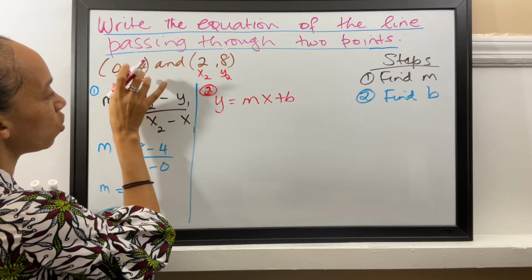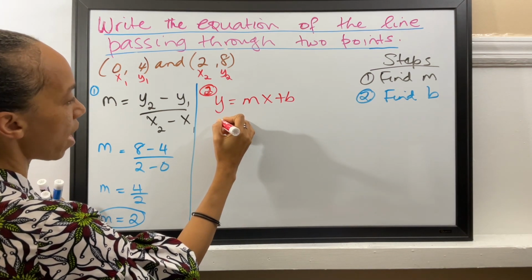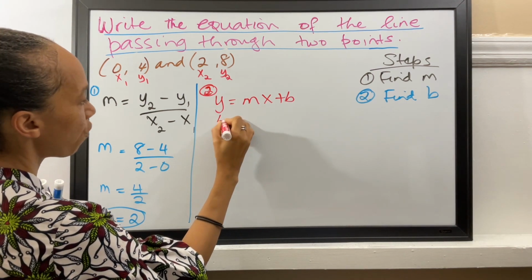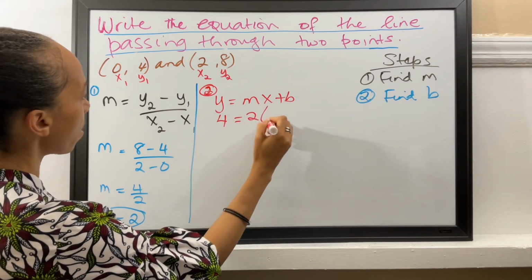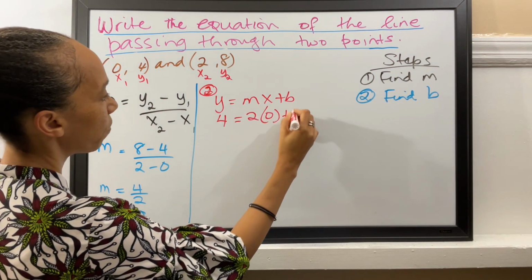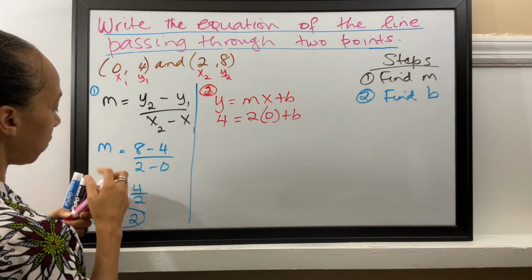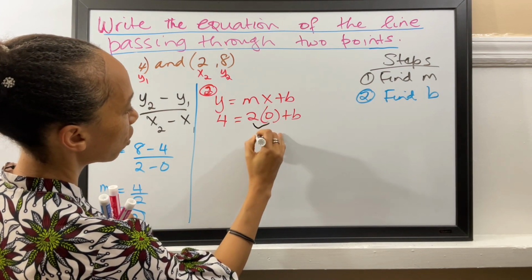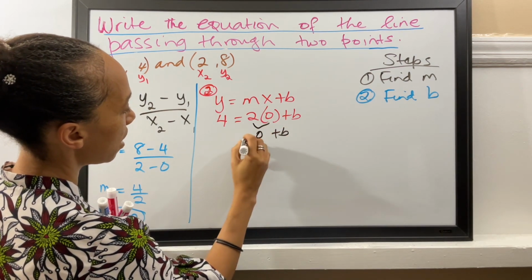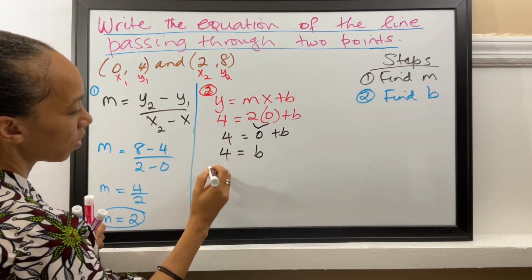So I'm going to use this first one, and my coordinates are 0 and 4. So my y is 4, and my slope is 2 from down there, and my x is 0, plus b. Then I need to multiply these out. So this is going to be 0 plus b equals 4. So b equals 4.